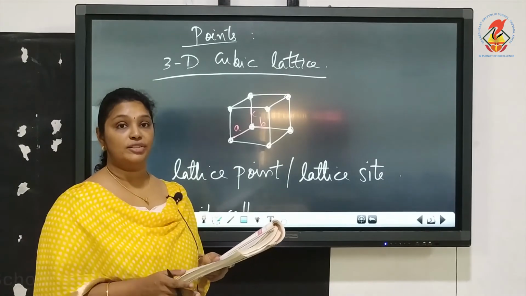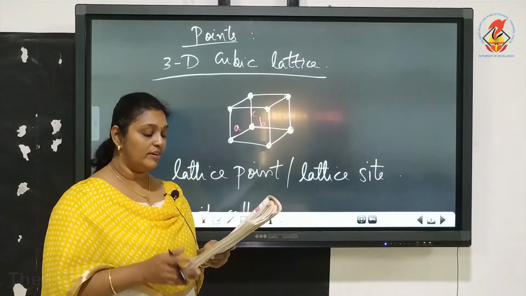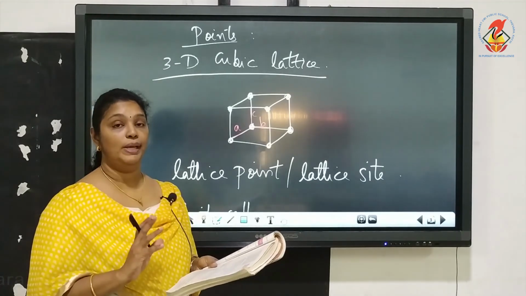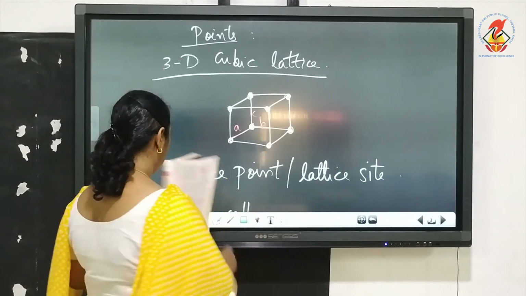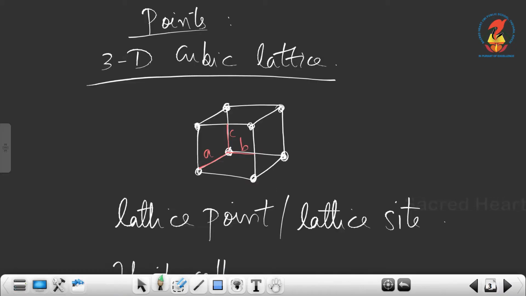Now the second characteristic is that they are characterized by angles between the edges denoted by alpha, beta and gamma. Alpha is the angle between B and C, beta is the angle between A and C, and the angle between A and B is gamma.